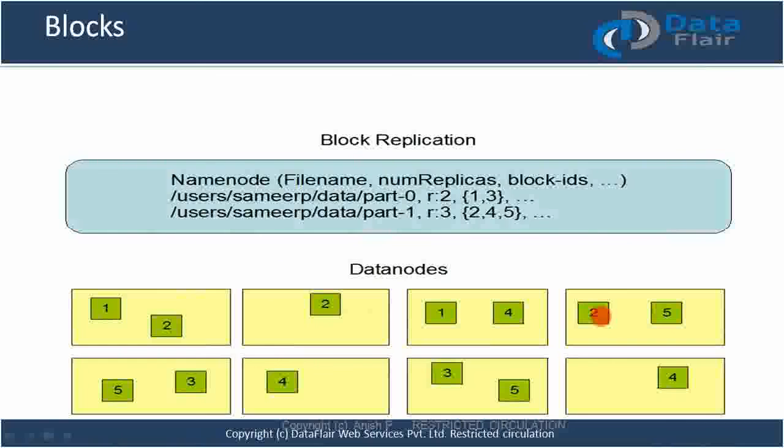Now we have the NameNode that stores the metadata, that is file system namespace, file name, number of replicas, block IDs, etc. Look, the first block is available here as well as here, the second block here, here, and the fifth block here as well as here.